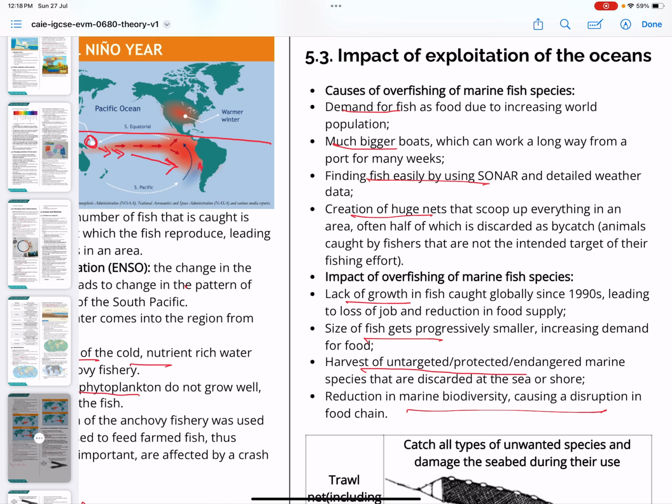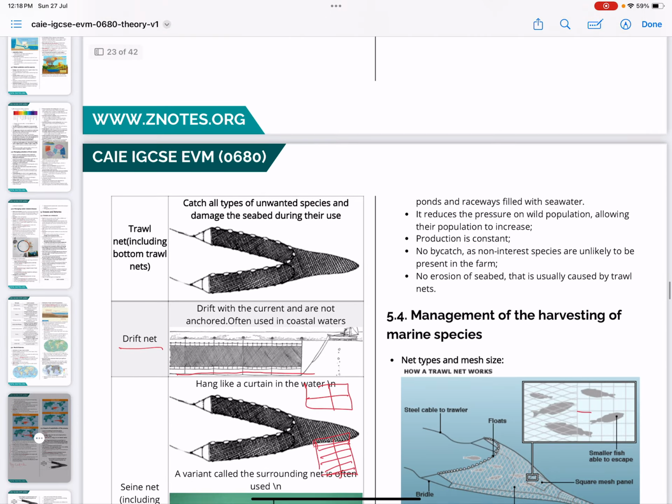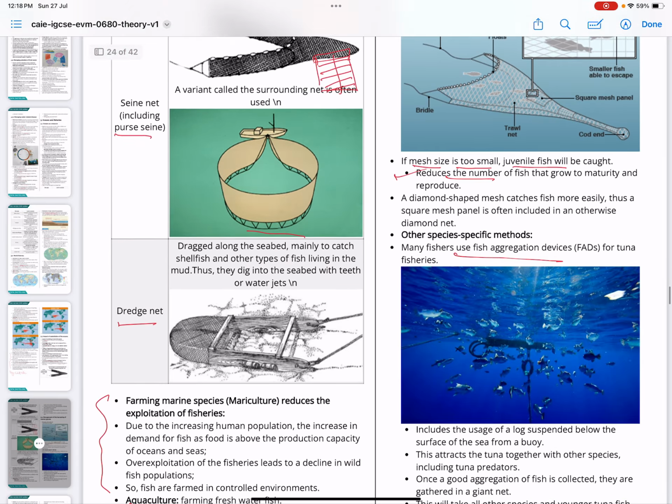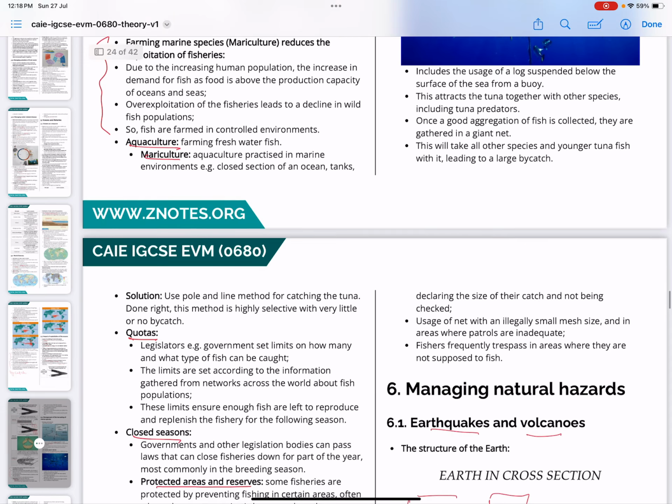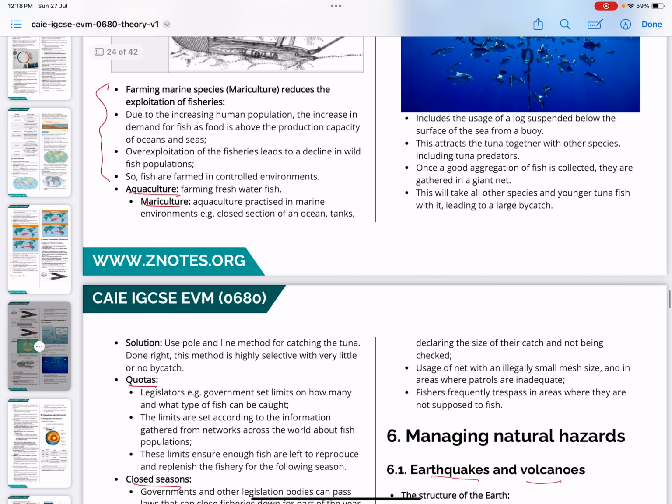Which means that the marine biodiversity, the variety of fish available in the sea, is disturbed overall, which is basically the impact of overfishing. So nowadays, everyone across the world is concerned about overfishing, and they are devising various strategies to control it.